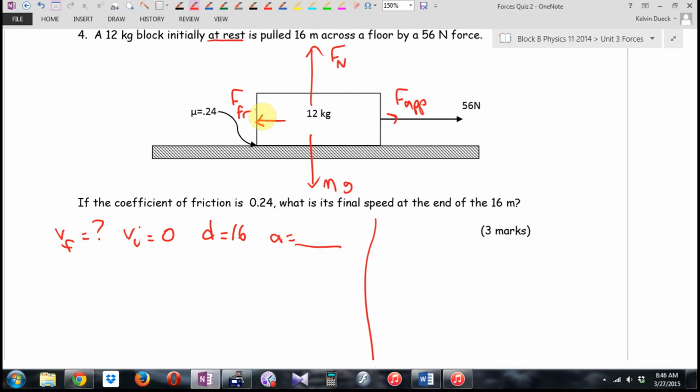Gotta be. Otherwise, there's no way it could be moving 16 meters across the floor. If friction was bigger, what that would really be saying is you're pulling and it ain't going anywhere. Like, hey, try pushing against the school. Friction is big enough. It's not going anywhere. Applied minus friction equals MA.